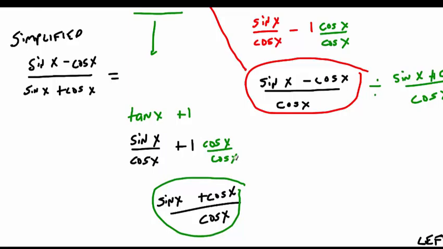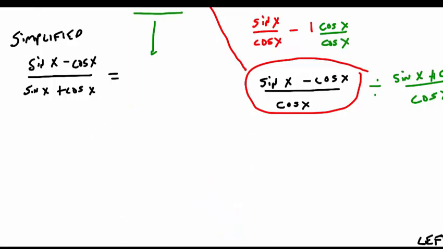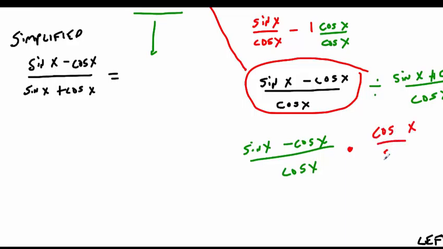Once again, for fractions, you have to do what? Keep, change, flip. So I have the first, sine x minus cosine x all over cosine x. Change to multiply, flip your fraction, cosine x over sine x plus cosine x.